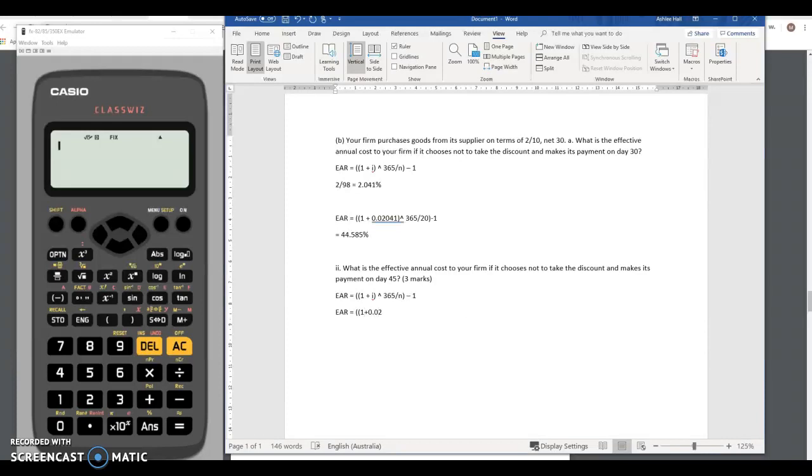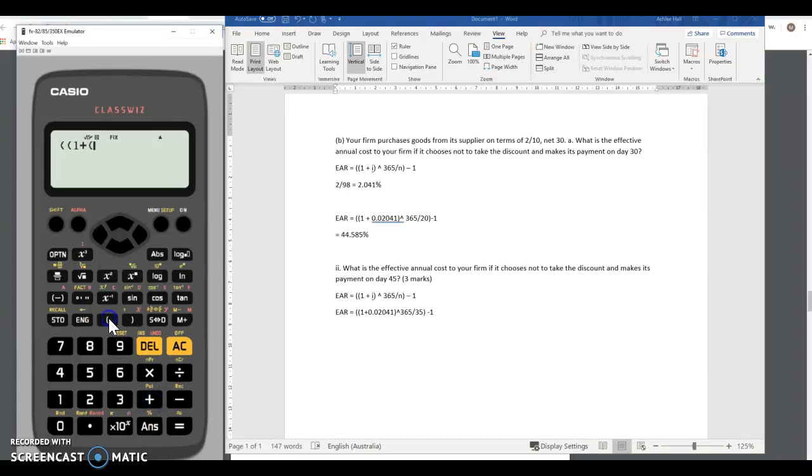Same interest rate, because we're borrowing $2 once again, but it's going to be to the power of 365 divided by 35, as it's 45 days minus the 10 for the discount period, then minus 1.